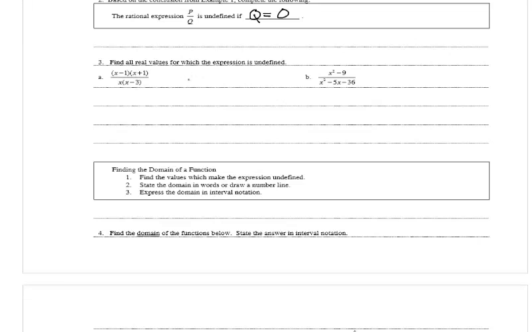So if we want to find where the expression is undefined, we're going to set the denominator equal to 0, so x times x minus 3 is equal to 0. And this expression is undefined at x is equal to 0 and x is equal to 3. In B, we have x squared minus 9 divided by x squared minus 5x minus 36, and we're going to set the denominator equal to 0.